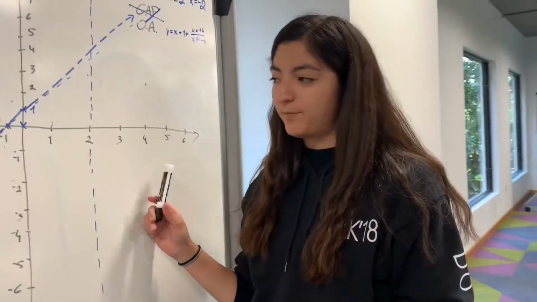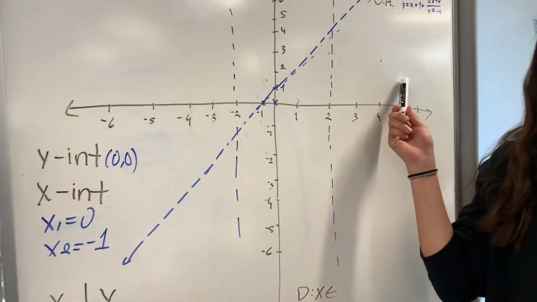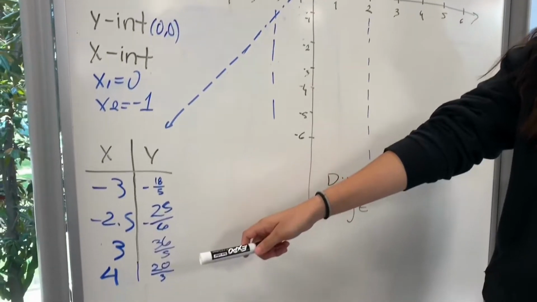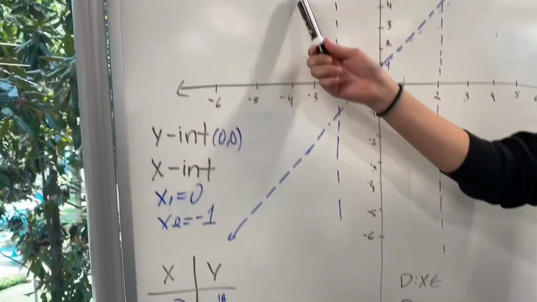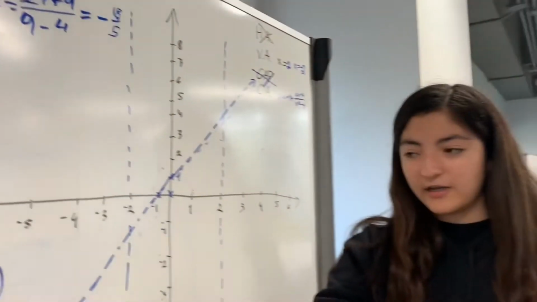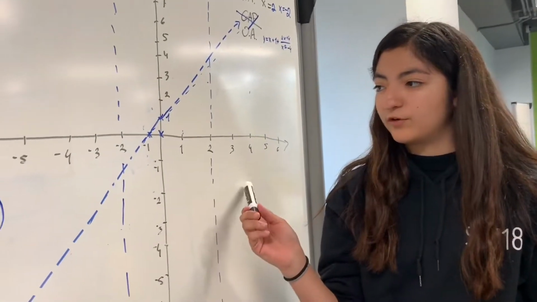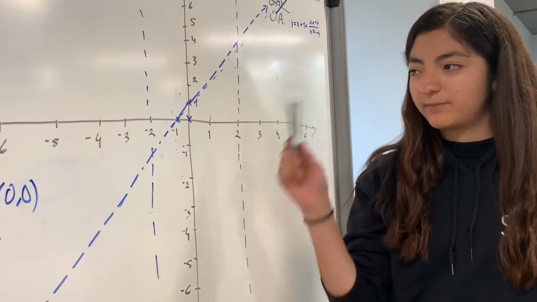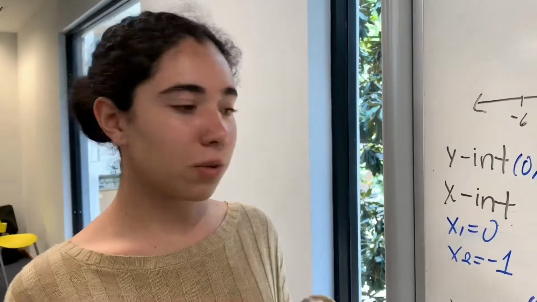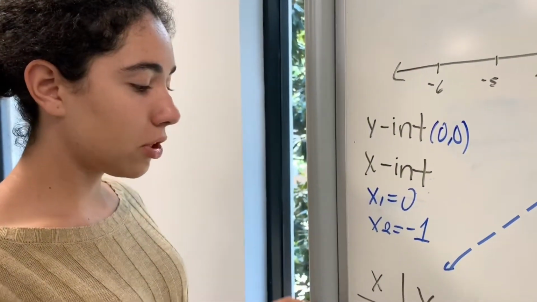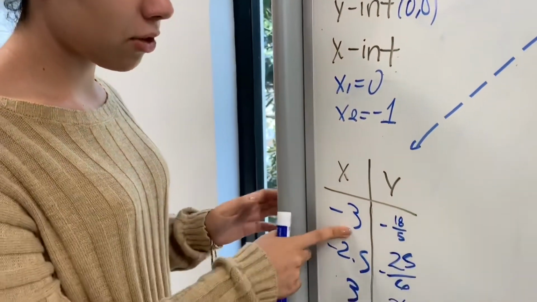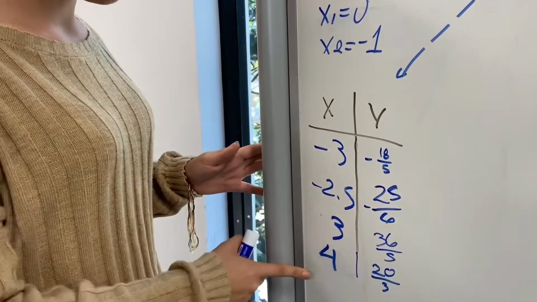To get the points through which the line is going to pass, we need to substitute the value of x in the function to get the value of y, in order to know exactly which points the line is going to pass through. To complete this table, we put some values in x, like minus 3, minus 2.5, 3, and 4.